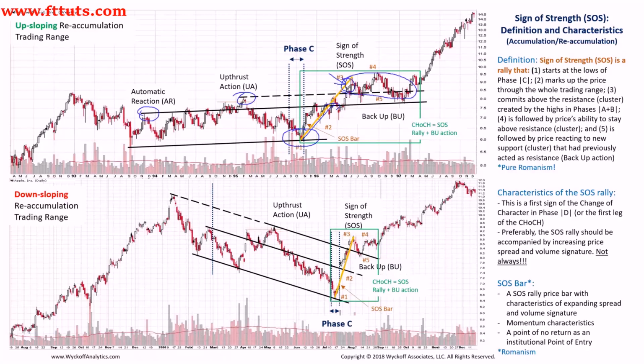That spends time above that area or in this area, and then that has a backing up action that comes exactly to the area of the support that acted before as the resistance and was created in phases A and B. And that's the definition of the sign of strength rally.